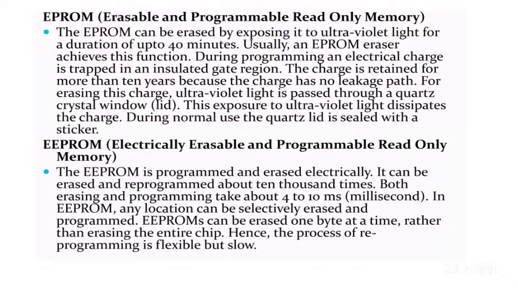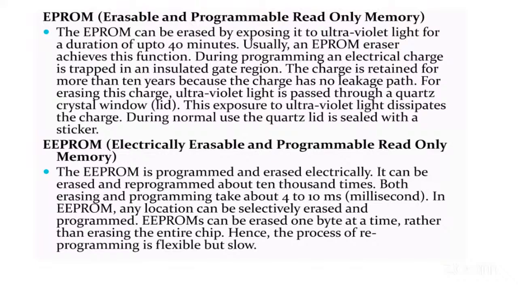The next ROM that we are going to discuss is EEPROM, or electrically erasable and programmable read-only memory. The EEPROM is programmed and erased electrically. It can be erased and reprogrammed about 10,000 times.